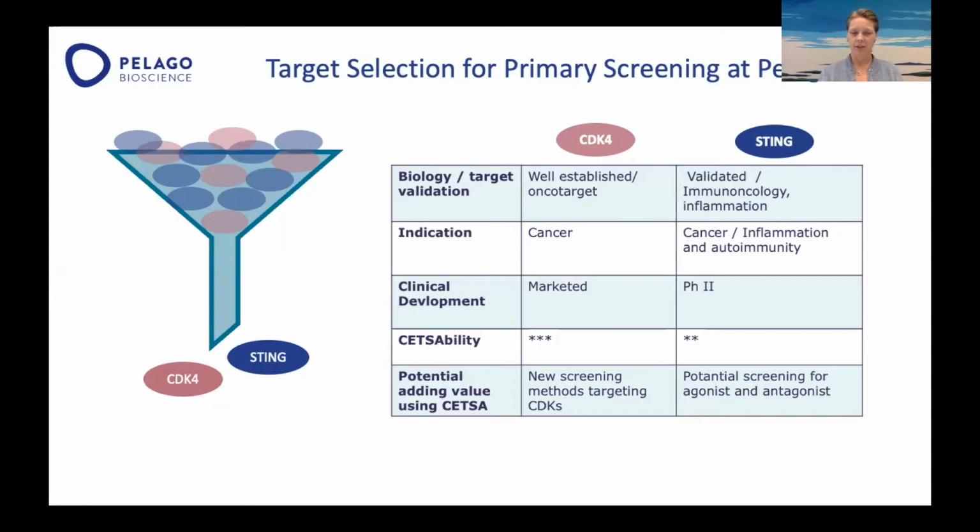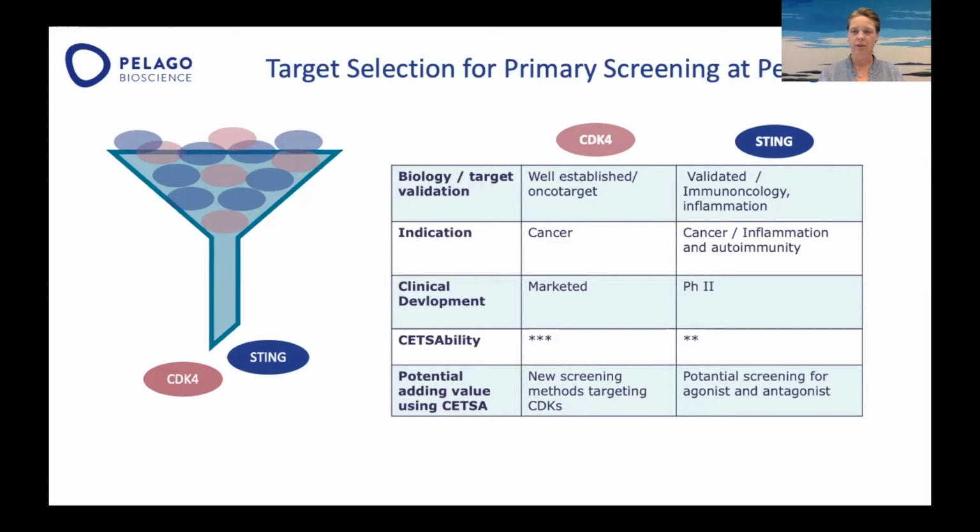We selected two targets, CDK4 and STING. CDK4 is a well-established oncotarget with already marketed drugs, but we thought this was an interesting case that could provide novel chemistry, though it is maybe more of a proof-of-concept target.